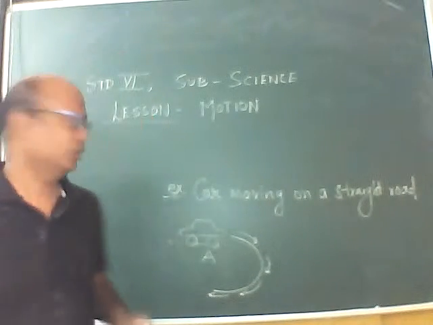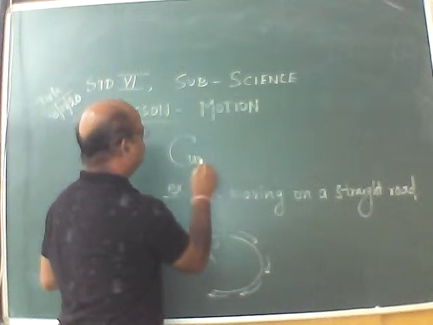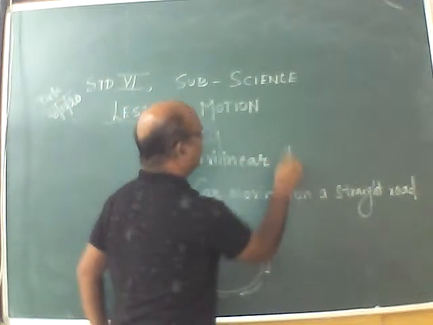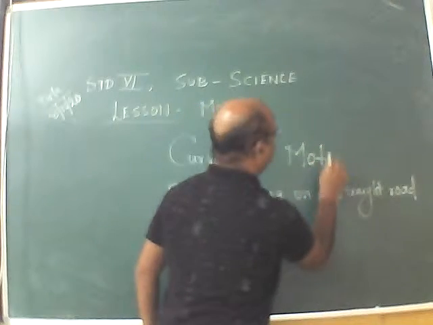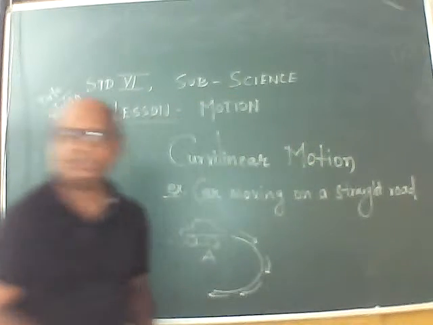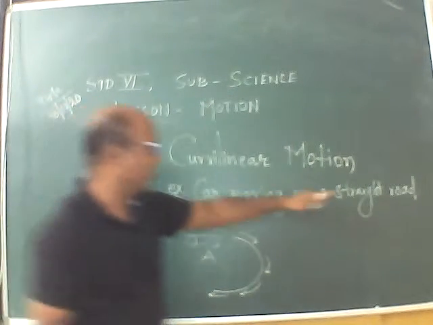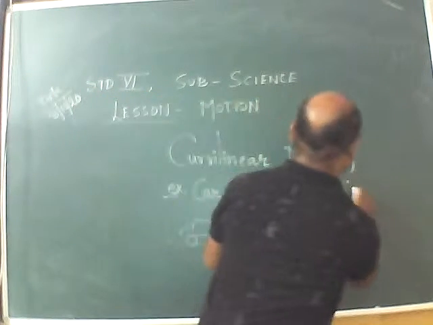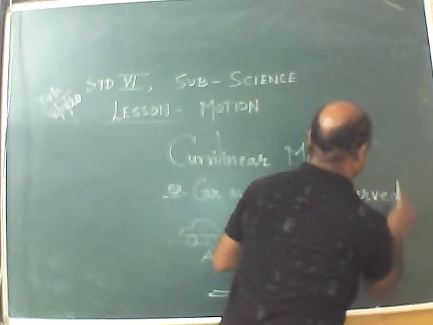It is called curvilinear motion. For example, here a car is moving on a curved path.